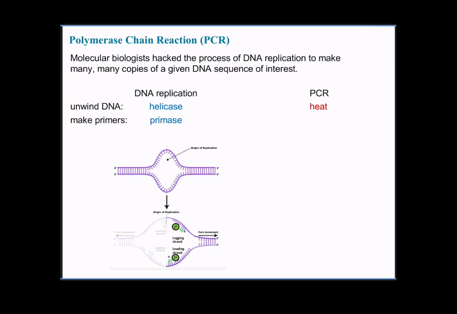Cool. So after cells have separated the strands of DNA, it turns out that unlike RNA polymerases, those enzymes that make RNA molecules based on a template DNA strand, DNA polymerases cannot start from scratch. They need to start from a 3' hydroxyl group that is already there for them, right?